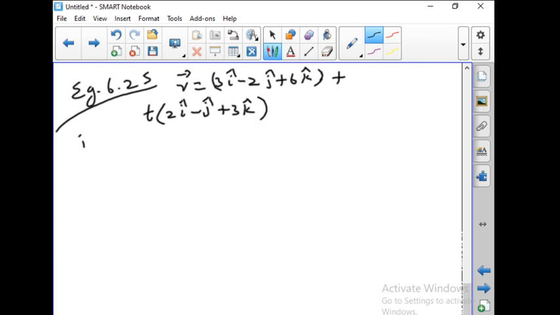So first one is asked to find the direction cosines of the straight line. Then second one, vector equation in non-parametric form of the line. And third one is Cartesian equation of the line.